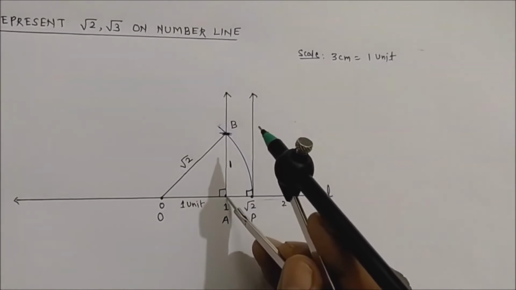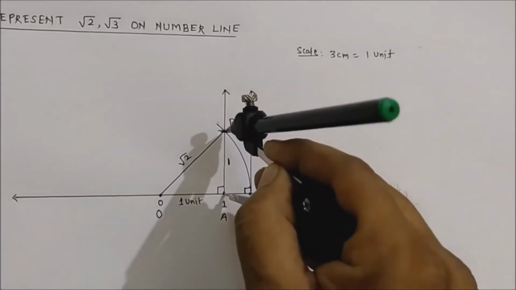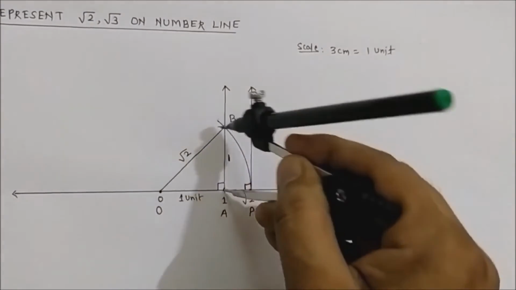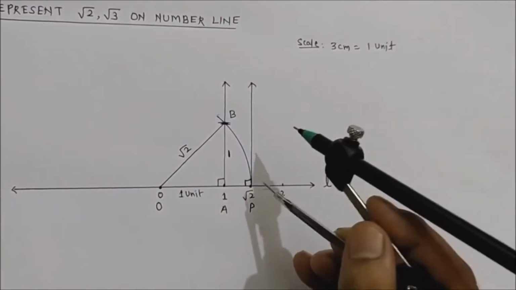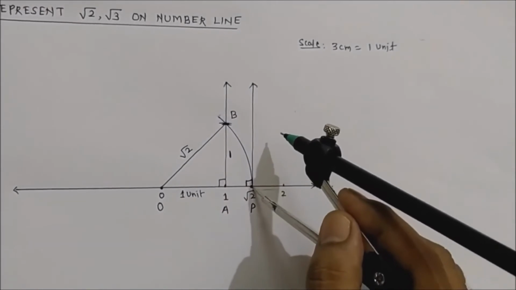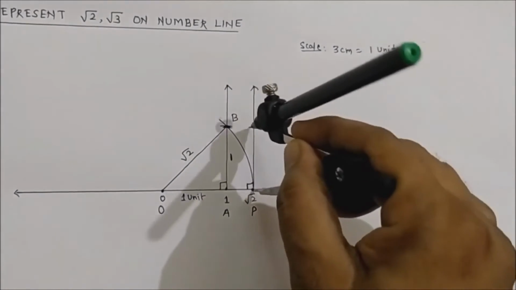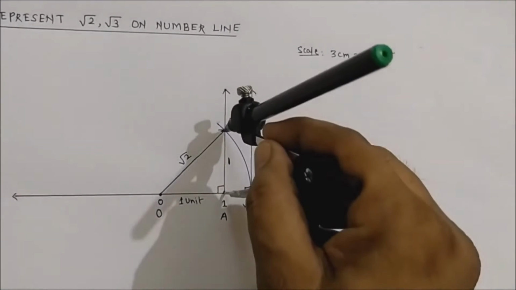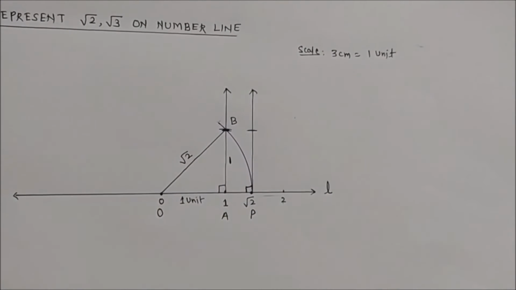Now take the same distance, this 1 unit, the same distance of A to B, with the compass on point P, and mark the arc. The same arc you can cut here.